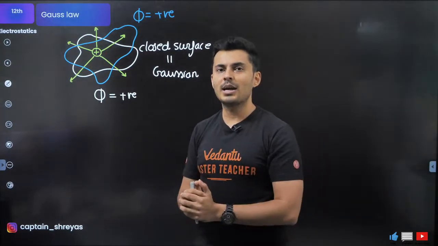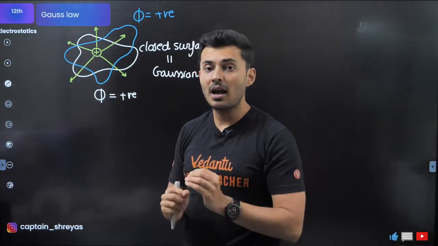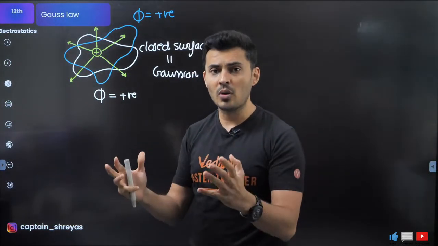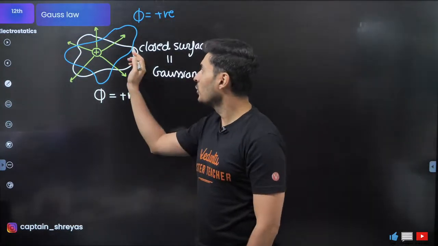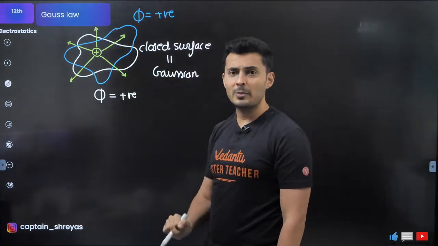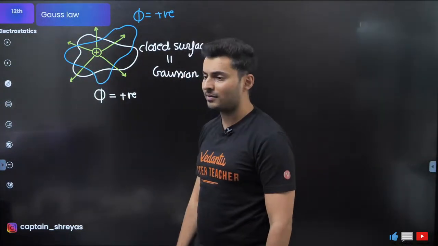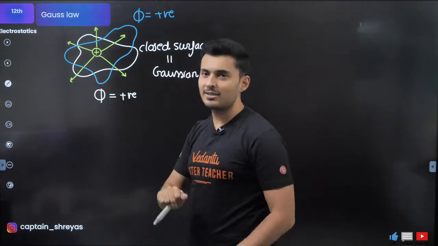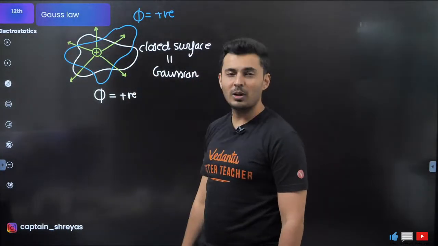If you think a little bit carefully and recollect the definition of flux, you will realize flux is how many lines are cutting through a surface. It's directly proportional to that. Now, if you look at the white surface or the blue surface, you will notice one thing. Any line that cuts through the blue surface will also cut through the white surface. Any line that cuts through the white surface also cuts through the blue surface.